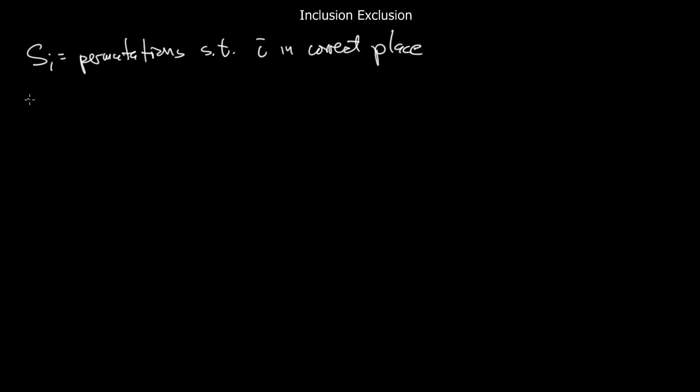Okay, so I want to apply that to my inclusion-exclusion formula. Suppose I have these permutations. Si is the permutations such that number i appears in the correct place. Then what are the derangements? If you think about it for a moment, it's the intersection of S1 bar and S2 bar and so on.